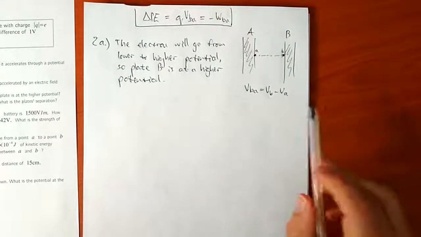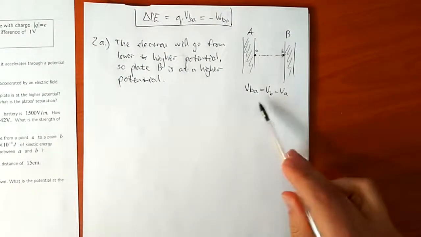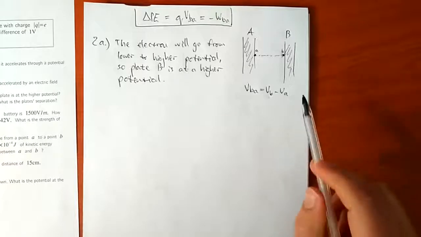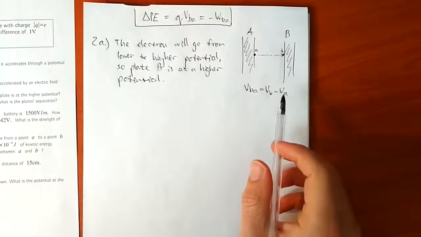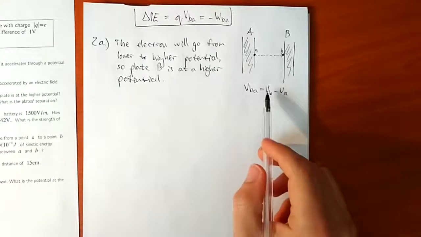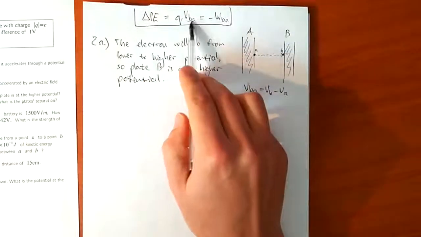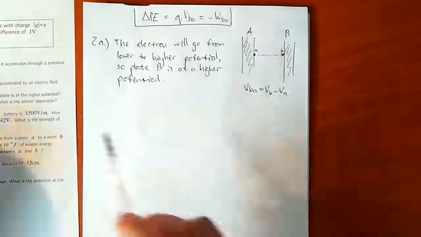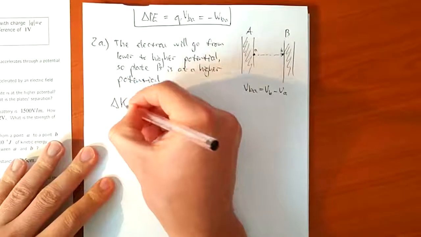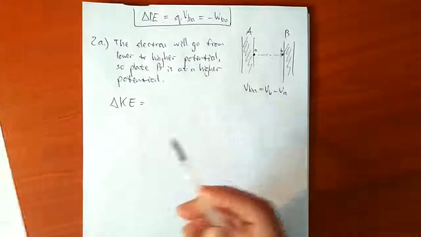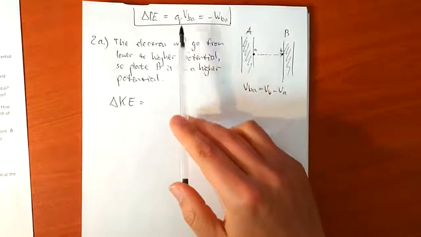Okay, but now for what the actual potential difference is, from which you'll also be able to see that plate B is at a higher potential. What do I need? I want to use this formula to get VBA, and what am I given? I'm given the change in kinetic energy, and it is the 7.45 times 10 to the minus 17 value. Now, how can I relate it to these equations?